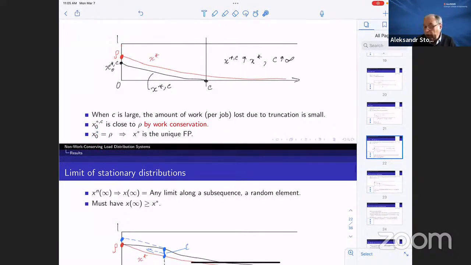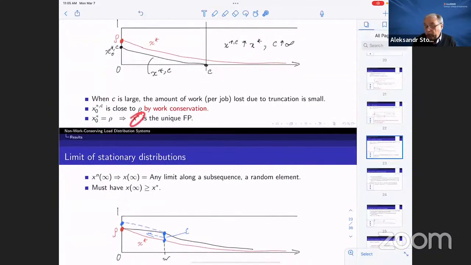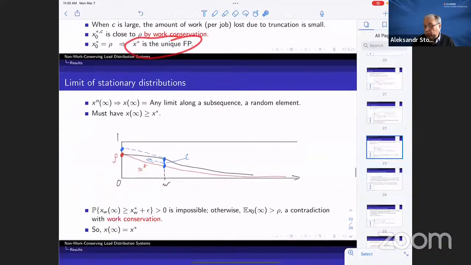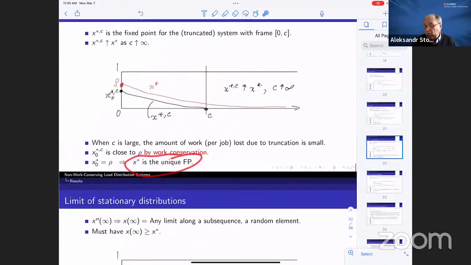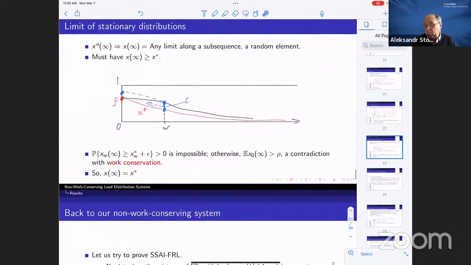Okay. So this x star is in fact the unique fixed point of the system, and then we can get the ansatz. Then we can get the ansatz by saying, okay, now we will look at the stationary distributions of the system for each n.